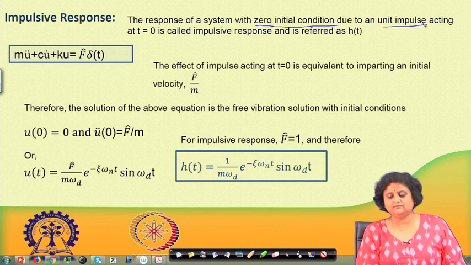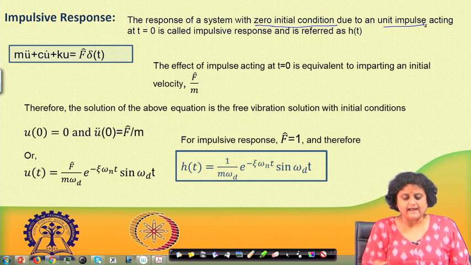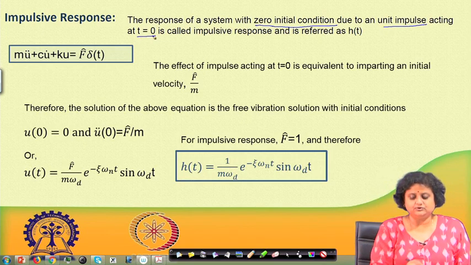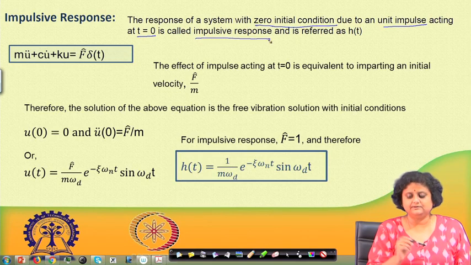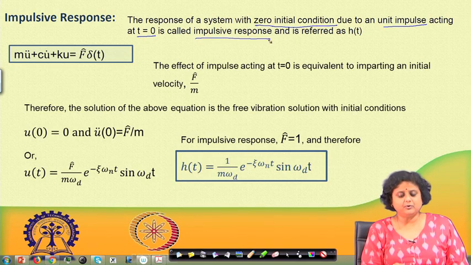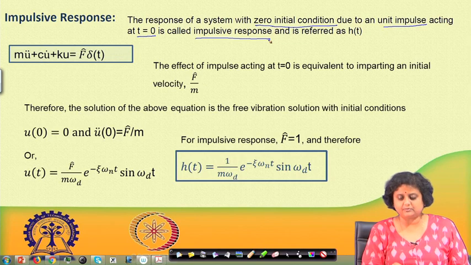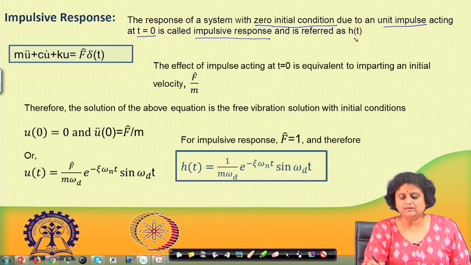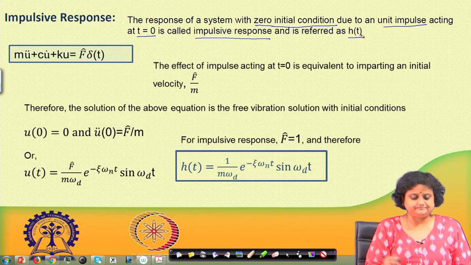The magnitude of this load is 1, acting at t equals 0, and the response is called the impulsive response. This is the textbook definition of impulsive response, and the symbol used for impulsive response is h(t).